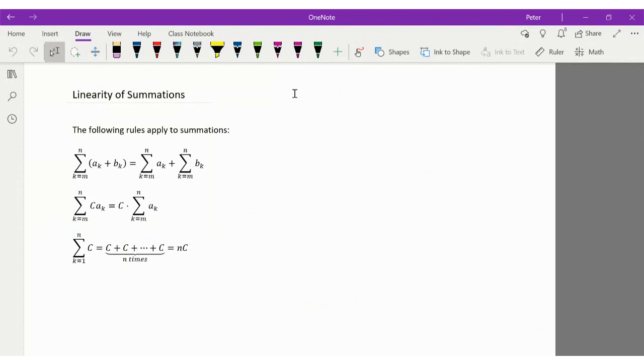So these rules apply to summations, and I don't want to dwell on them because they're actually pretty similar to the rules we already know for limits and derivatives. All this means, for example, is that, let me just put up an example here.